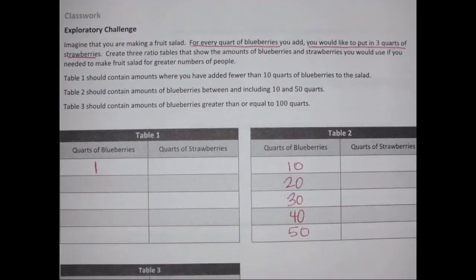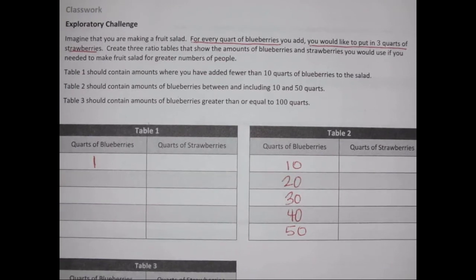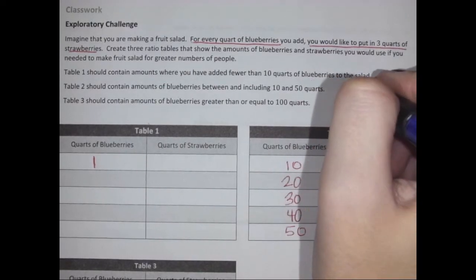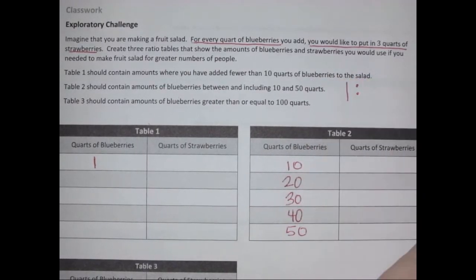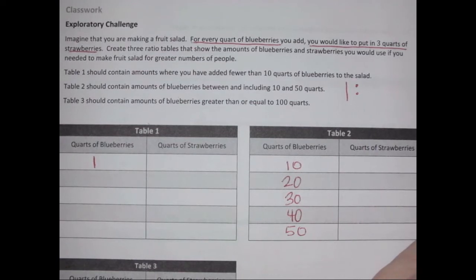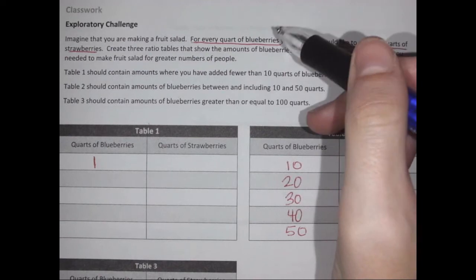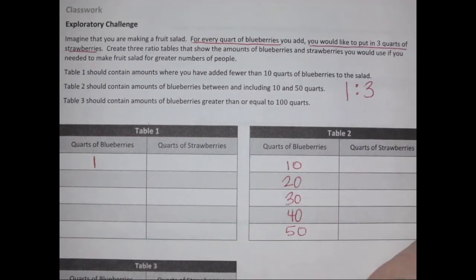What's the ratio? Can you read that underlined part for us? For every quart of blueberries you have, you like to put in 3 quarts of strawberries. Yeah, so our ratio is 1 to 3. Yeah, for every 1 quart of blueberries, you put in 3 quarts of strawberries.